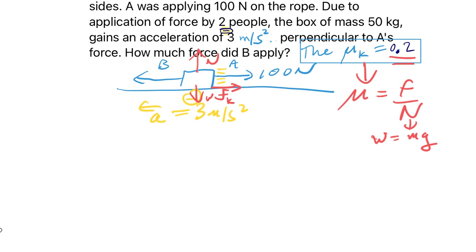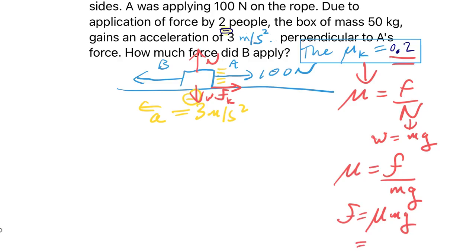So we can say that mu equals F, which I'm trying to find, over mg. So friction equals mu mg.